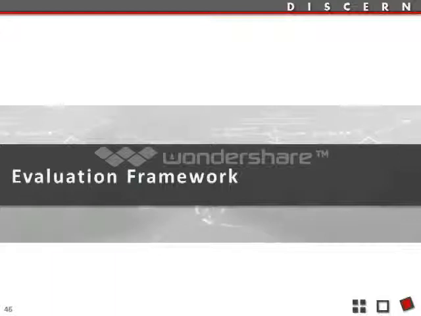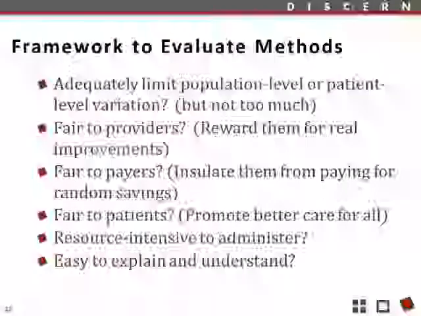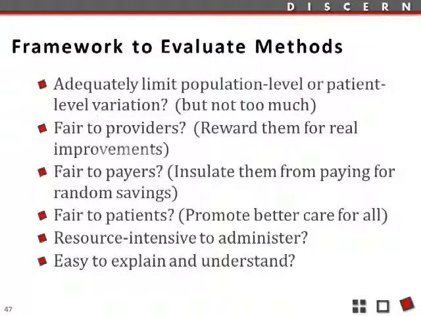So briefly, before we start taking questions, in terms of evaluating all of these different methods, there are a number of different criteria that you should be asking yourself about when you examine a shared savings program and the methodologies that it uses to control for random variation. Does the methodology adequately limit population level and patient level variation?